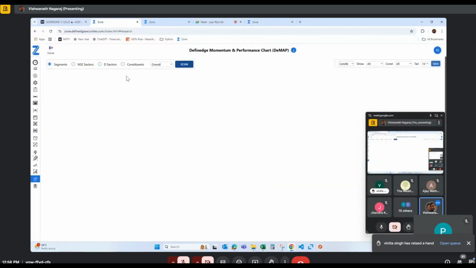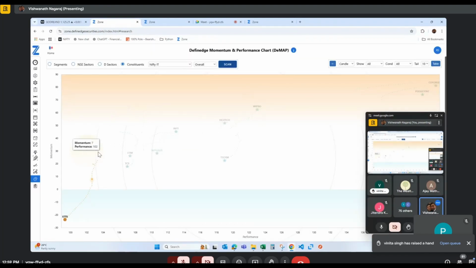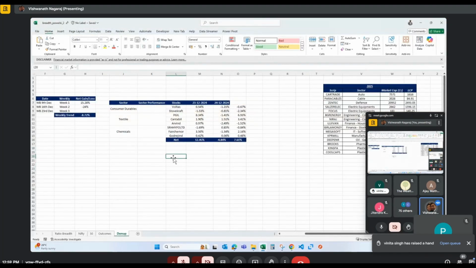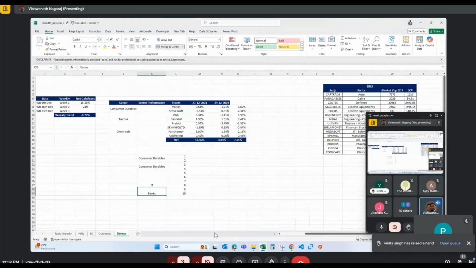Let's say, for example, mine is in IT. Let's say I have 10 stocks. In that, consumer durables are maybe 4, and then I have IT, and then I have some banks. Okay, let's say this is what I have.